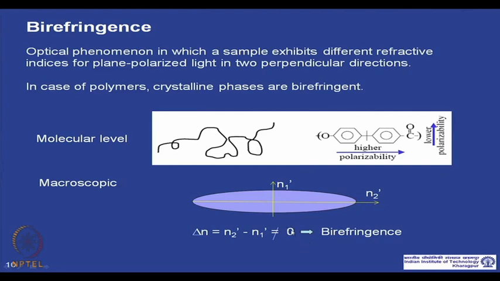So, if this is not 0, then we consider the sample birefringent, and for optically useful materials, it is recommended that the birefringence should be lower.